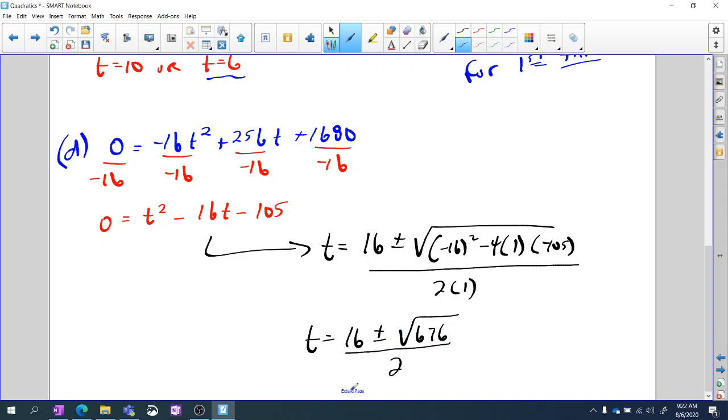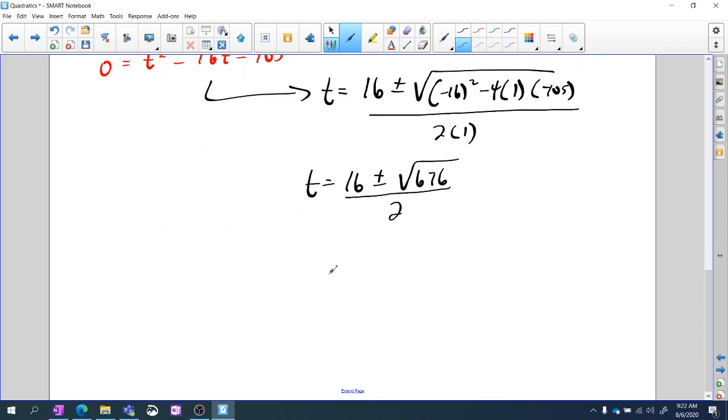That's the value underneath the square root, which we now know is referred to as the discriminant. Let's see, is 676 a perfect square? It is a perfect square. So 26, 16 plus or minus 26. So what do I now know? I now know that it would have factored, which is fine.